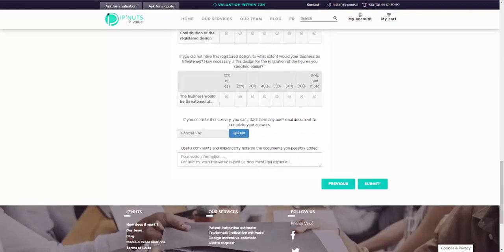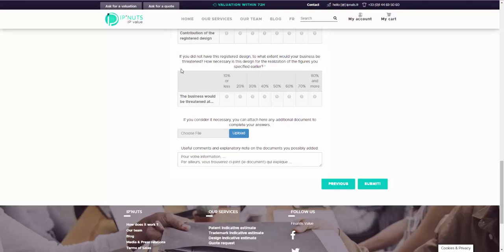If you did not have this registered design, to what extent would your business be threatened? How necessary is the design in the realization of the figures you specified earlier, either revenues or profits? It's another question dedicated to enabling us to really appreciate the role of your design in your activity.